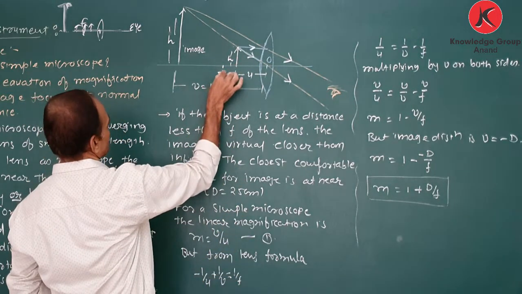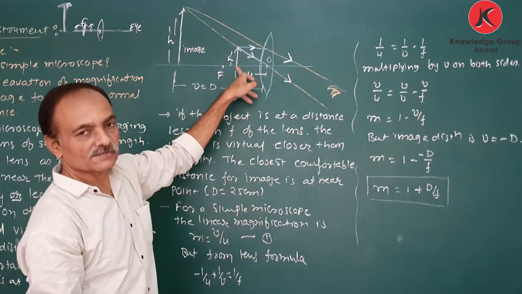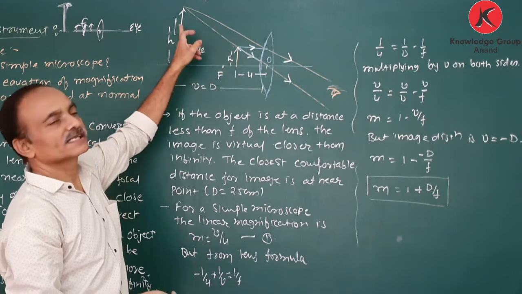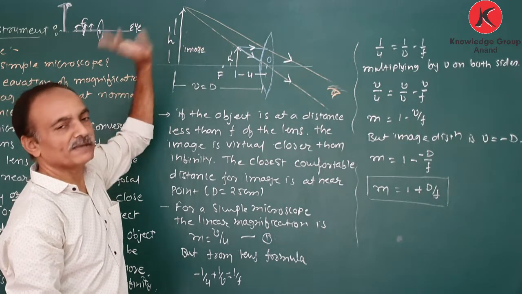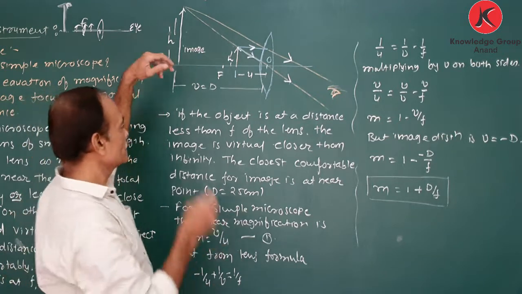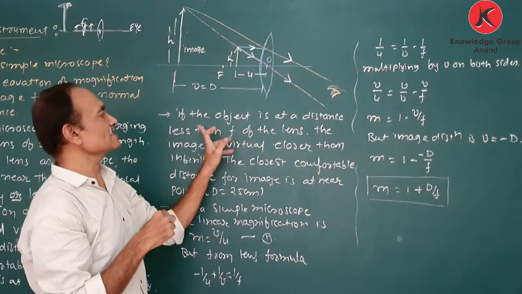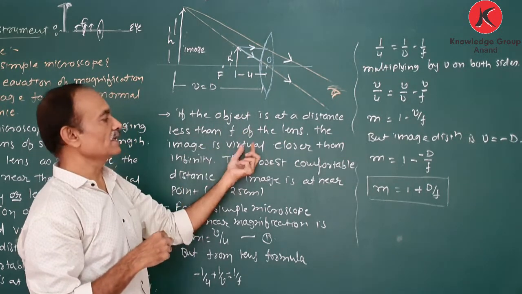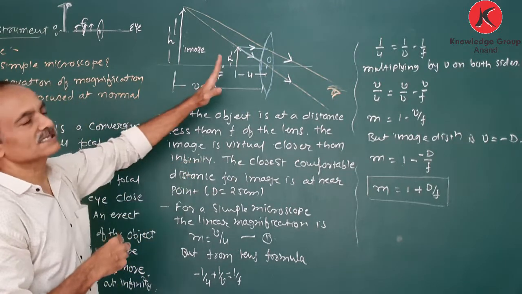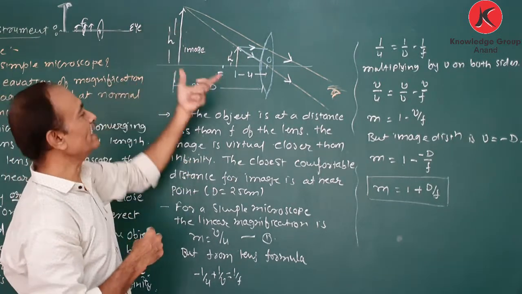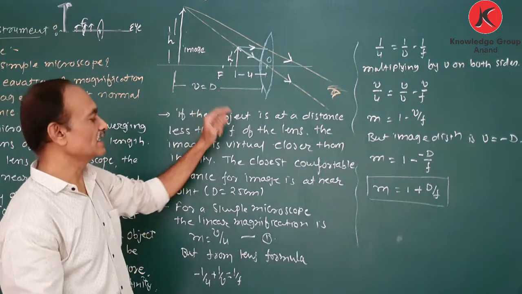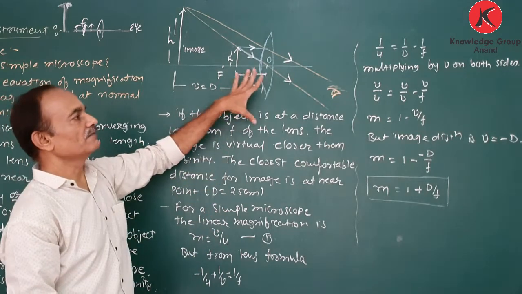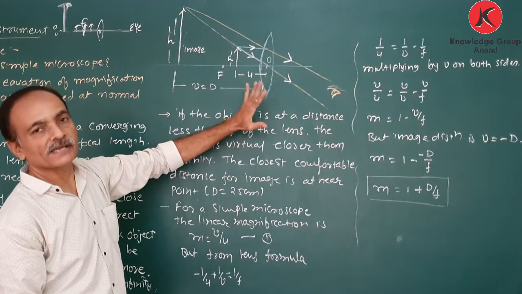Therefore, the image of this object is formed on the same side, and an erect, virtual and magnified image is obtained. If the object is at a distance less than the focal length F, the image is virtual and closer than infinity. It is not formed at infinity but at the normal distance D equal to 25 centimeters. In this case, we want to obtain the equation of magnification.